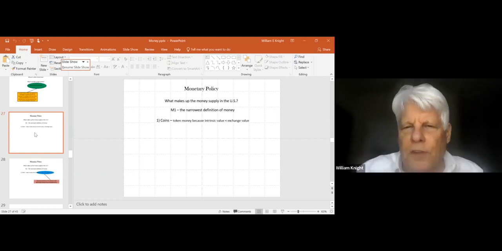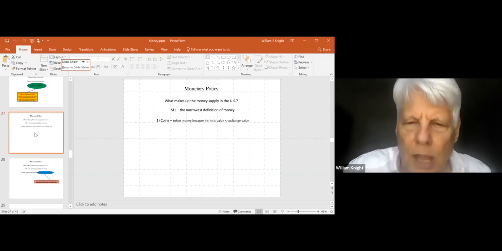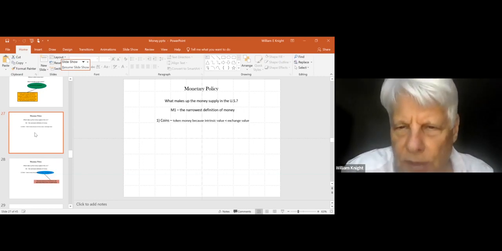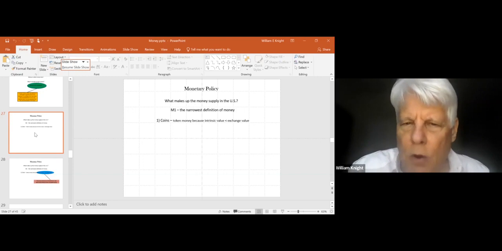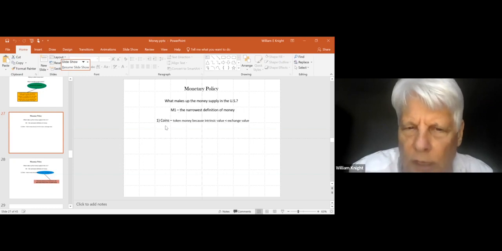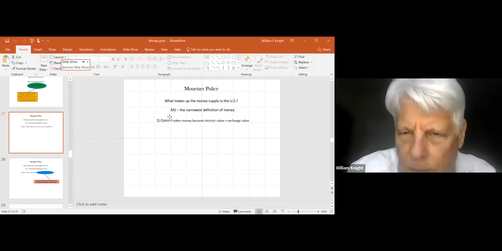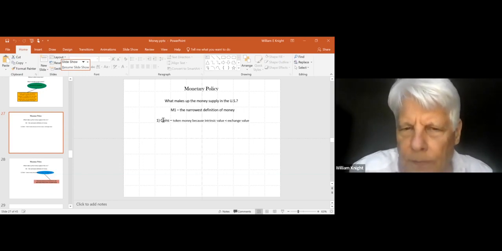Well, there are a couple of definitions of money, as you will see. We will use the narrowest definition, which has the least number of assets in it. As we define money more liberally, we'll start adding assets to it. But the narrowest definition of money, the one that contains the fewest assets, is called M1.